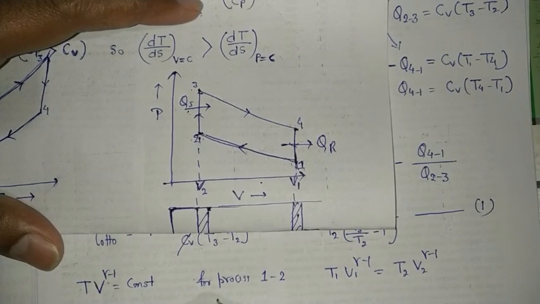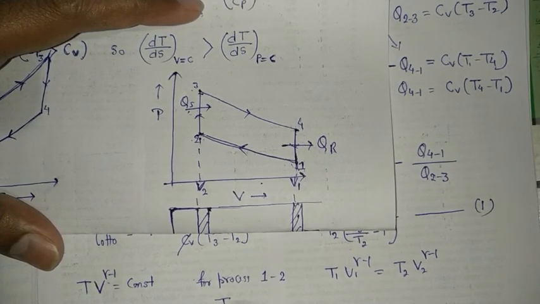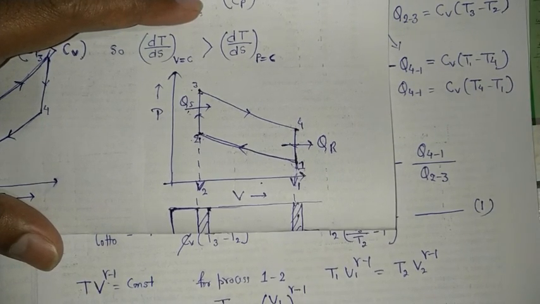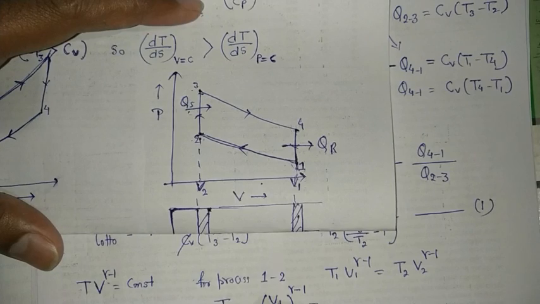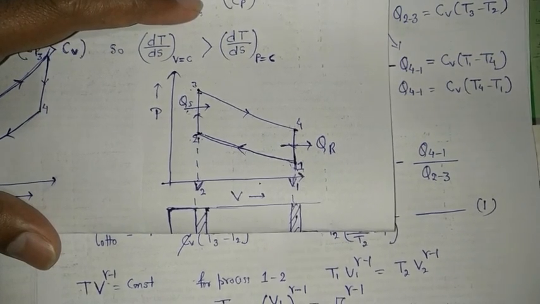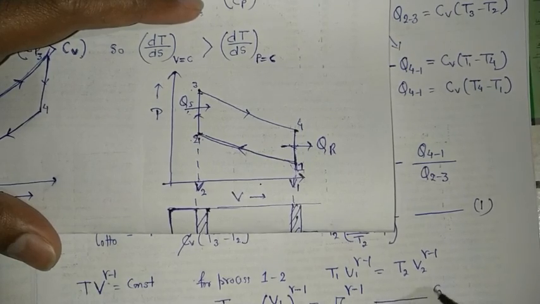So it will become T2 by T1 is equal to V1 by V2 to the power gamma minus 1, and we know that V1 by V2 is equal to the compression ratio, so we can write it R to the power gamma minus 1. Okay, this is equation 2.